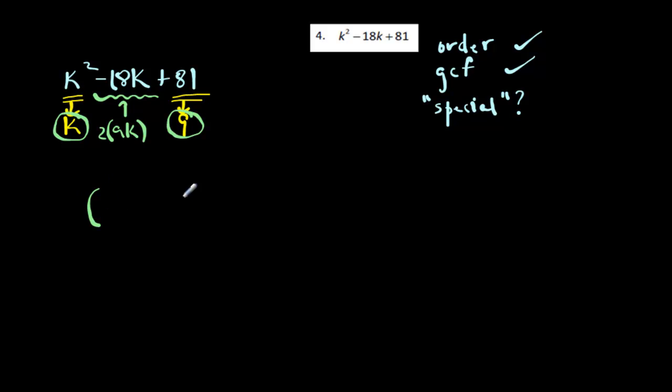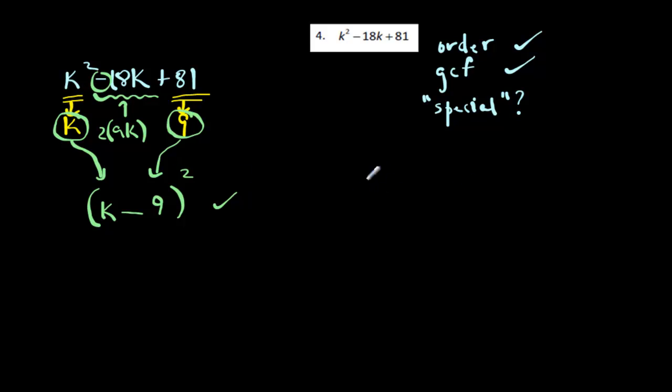So what you do is you draw one set of parentheses with a squared on the top. This term goes here. This term goes here. And this sign goes right in the middle. And you're done.